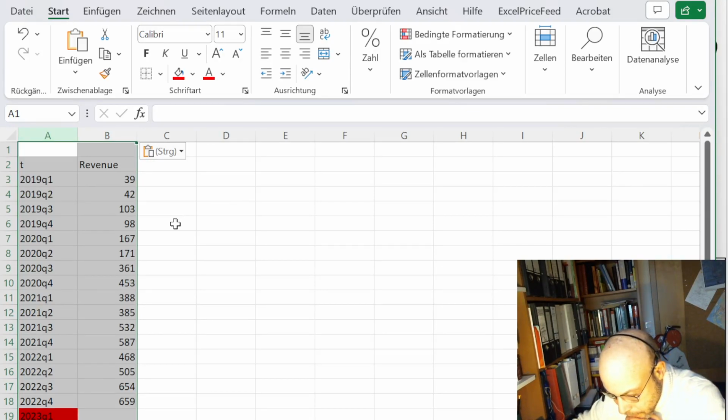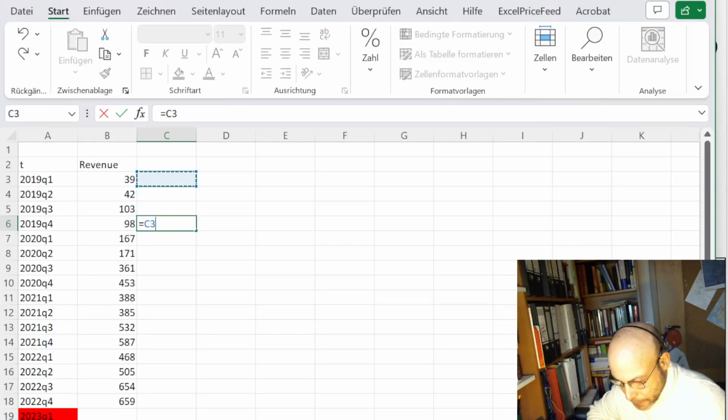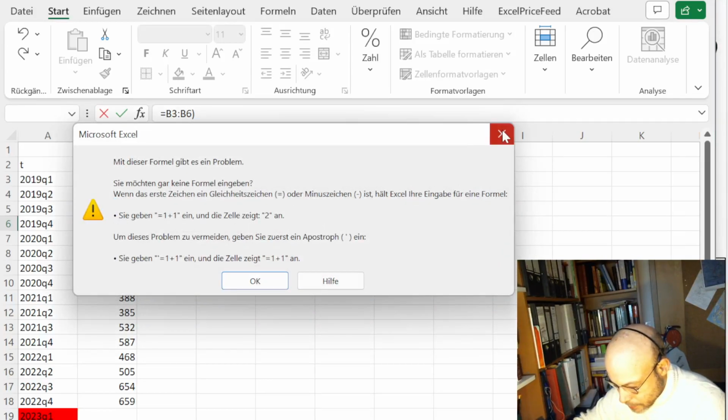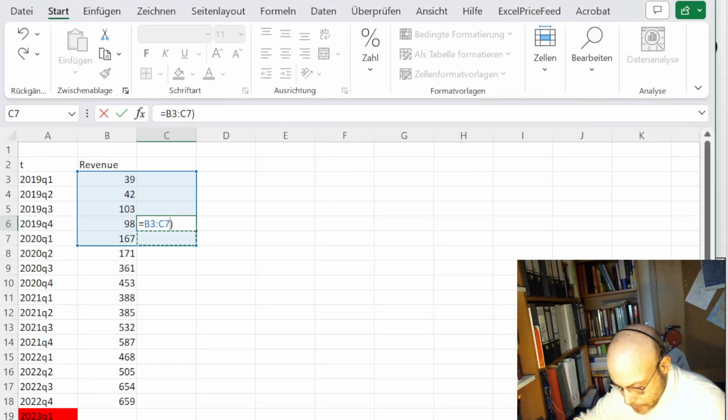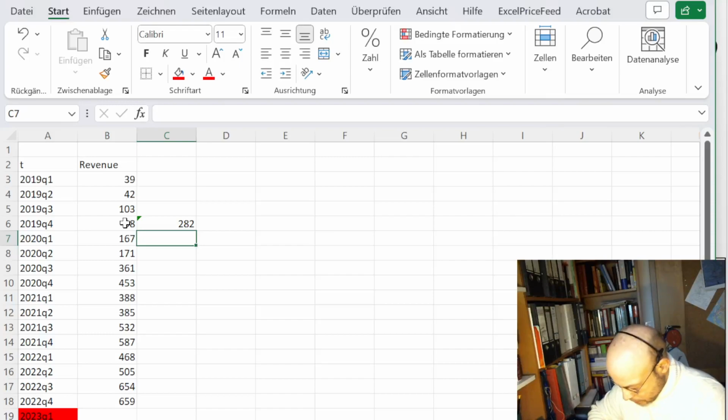So what we need is the sum of our revenue, of course the sum. So total revenue of our 4 years.